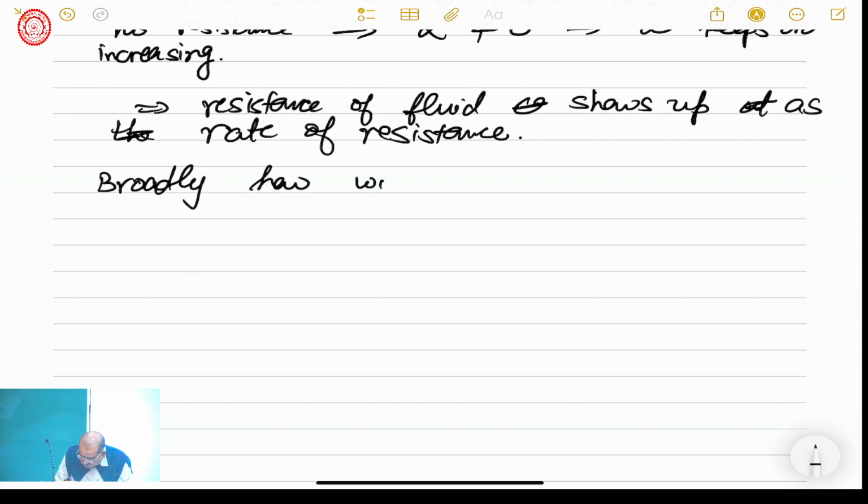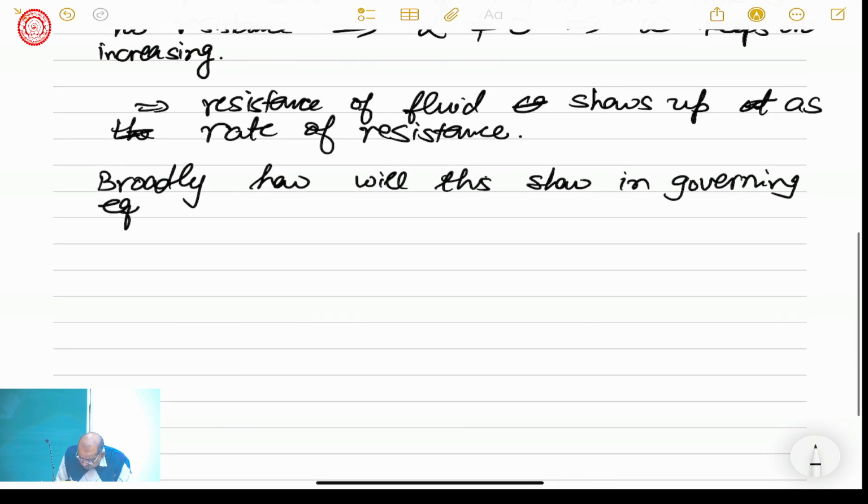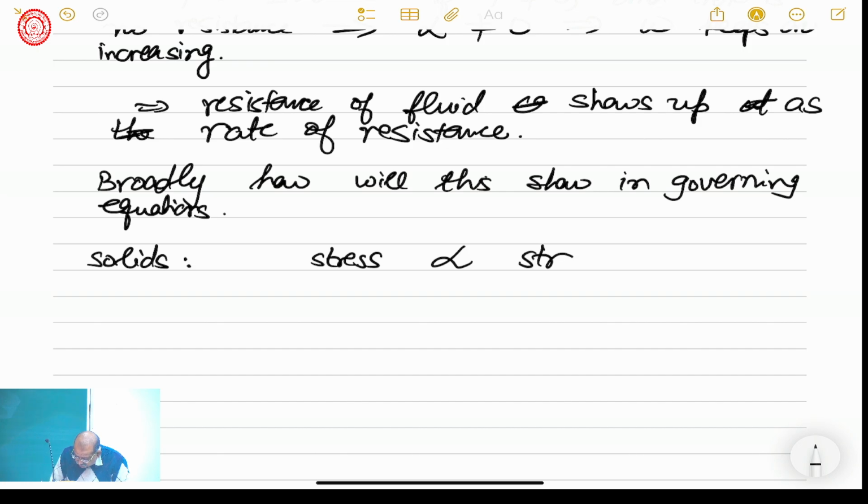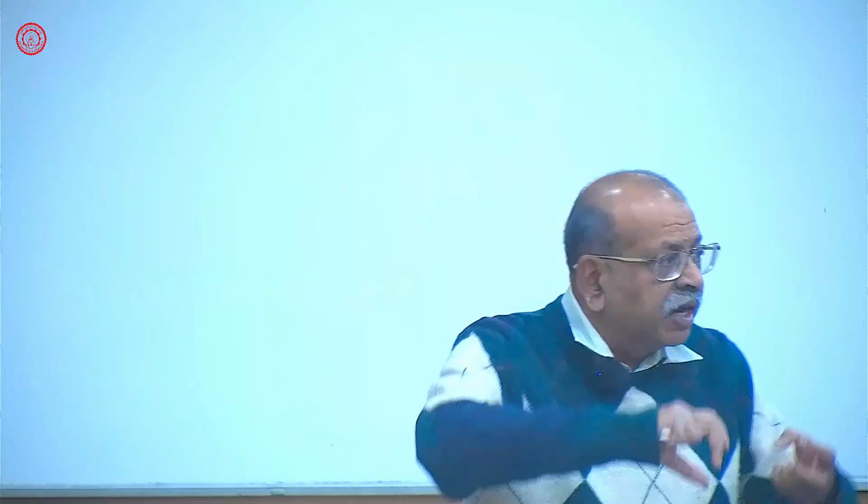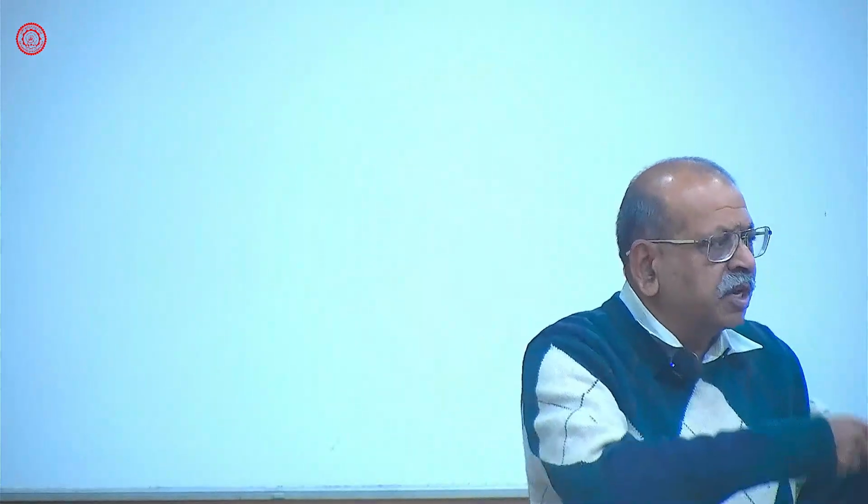How will this show in the governing equations? In solids, at least for linear solids, what we got was that stress was proportional to strain. Because what is strain? Strain is deformation, a non-dimensionalized deformation.